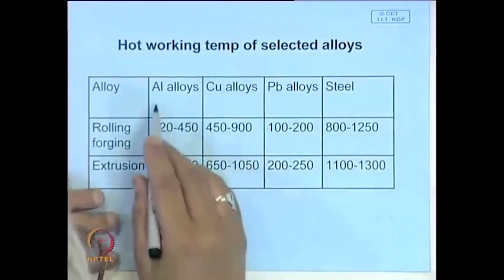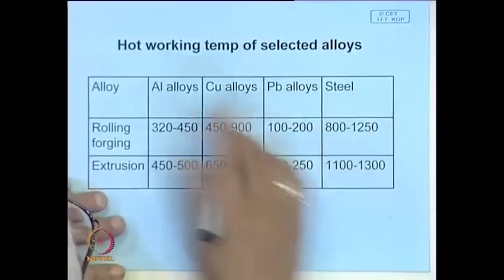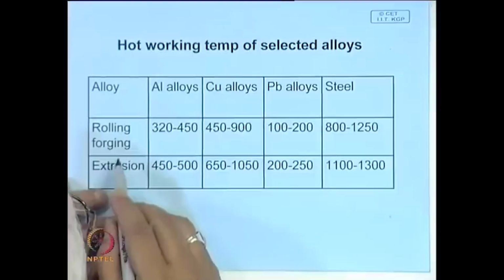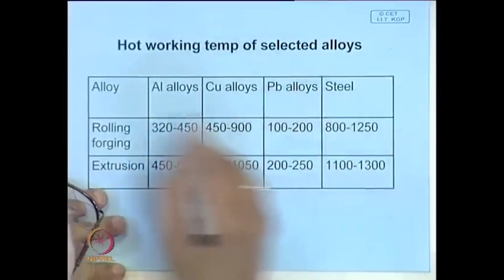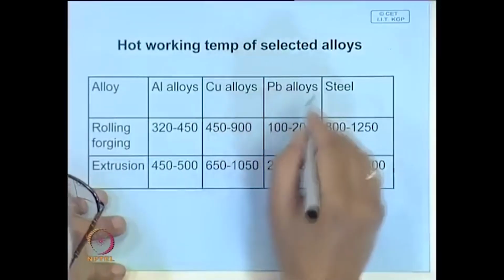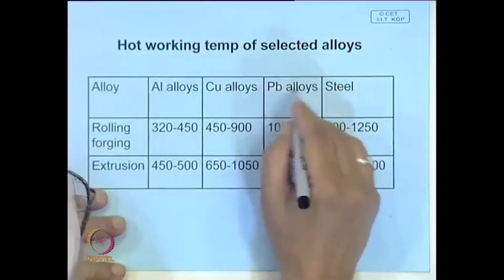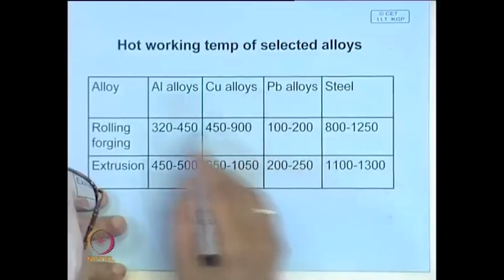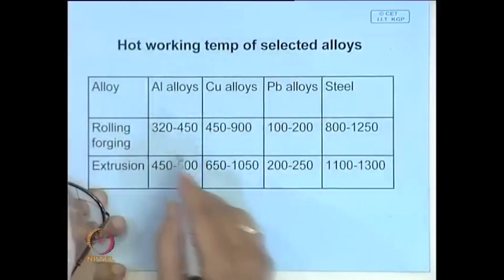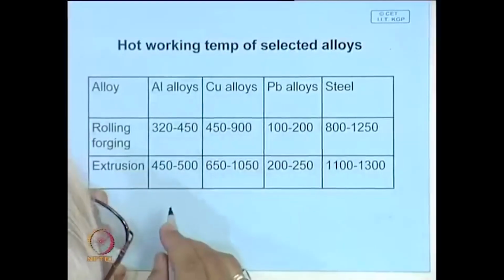And here are some of these different alloys, which can have different temperature ranges in which working is done, which is listed here. They all scale depending on their melting point. Lead has a low melting point, so therefore rolling and forging hot working temperatures for several alloys are given.